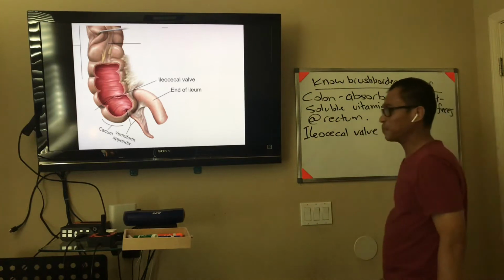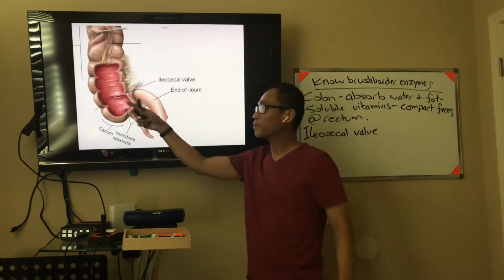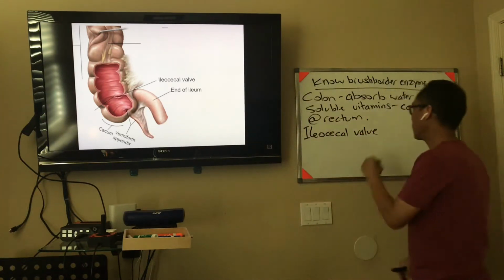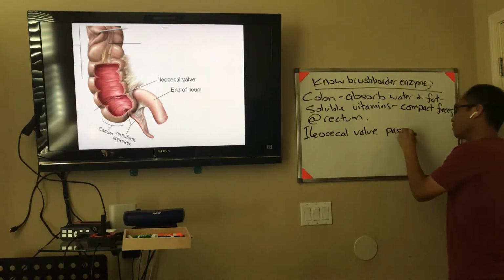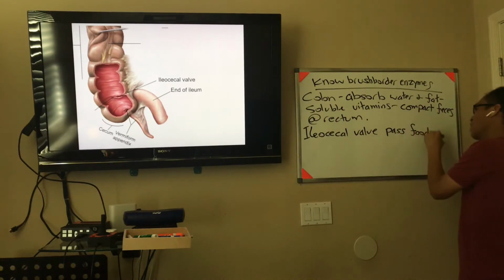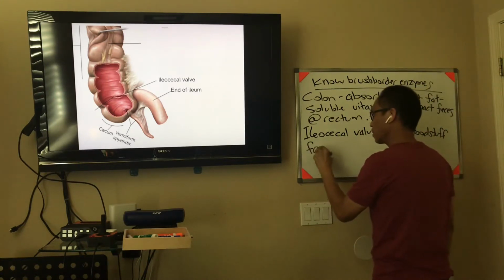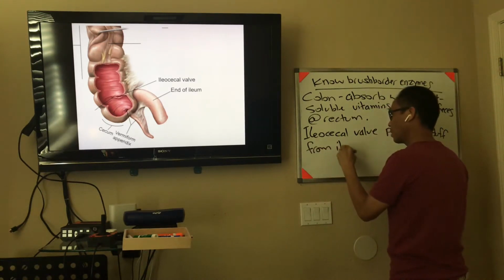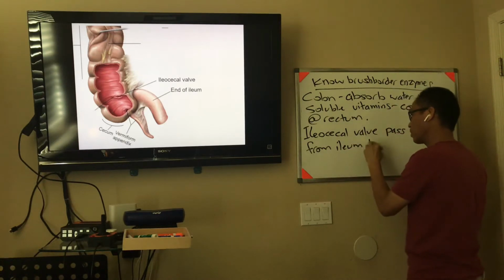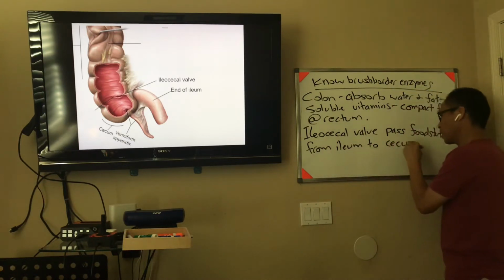They look like these little lips. They're passing foodstuff from the ileum, the end of the small intestine, to the cecum, which is the beginning of the large intestine.